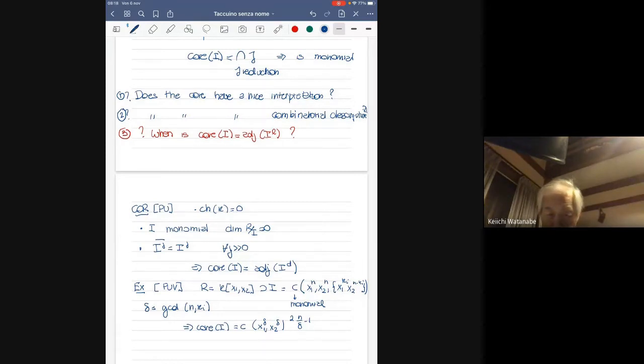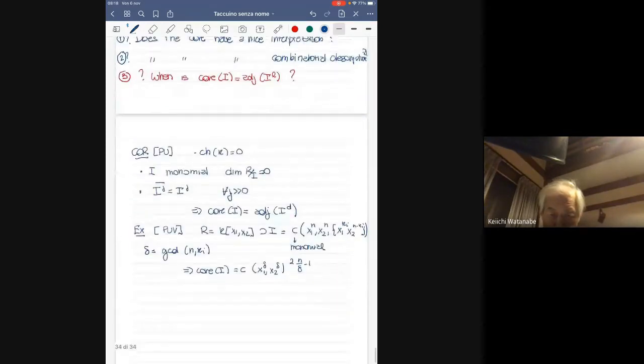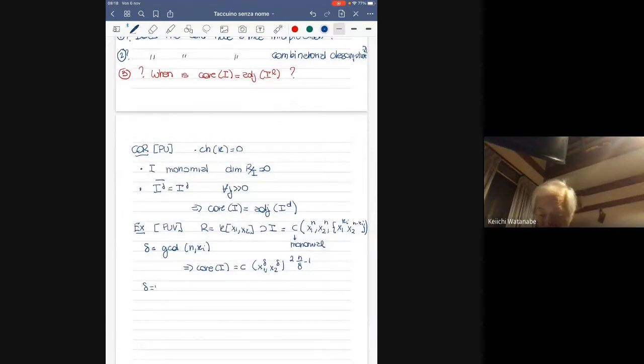And in particular, if delta is 1 and C is 1, then the core is the core of m to the n, which is m to the 2n minus 1, which is also the adjoint of I squared. So this is another case where the core is the adjoint.